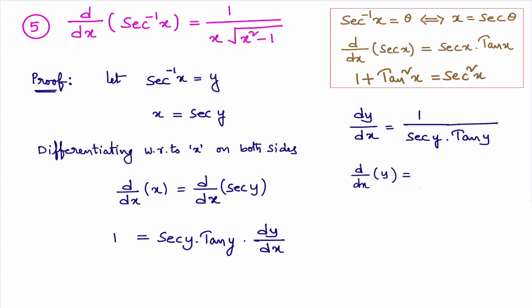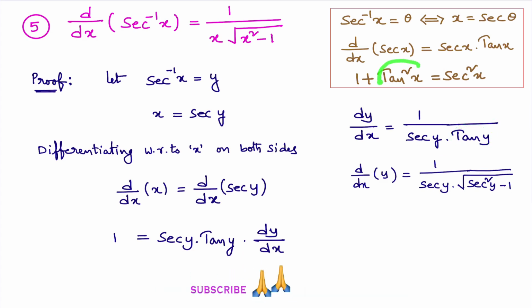Now, how we simplify this further is important. 1 divided by secant y, I have written as it is. Tan y. What is tan y? Look at this formula. What is tan square x? Take 1 to the right hand side: tan square x is secant square x minus 1. What is tan x?